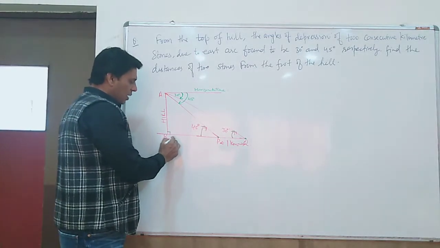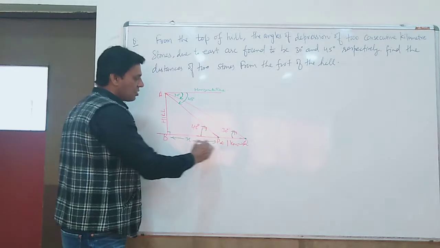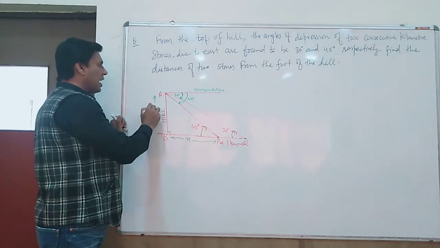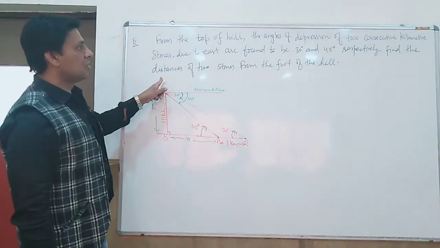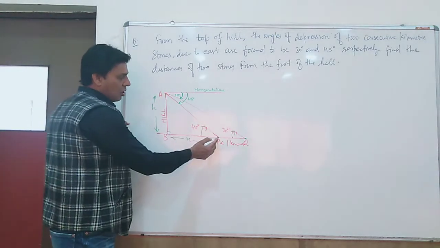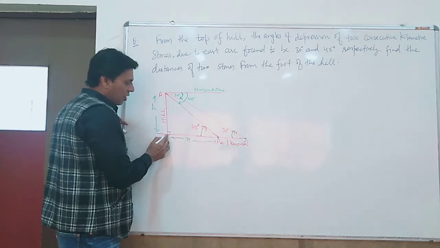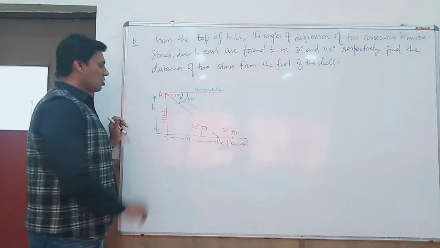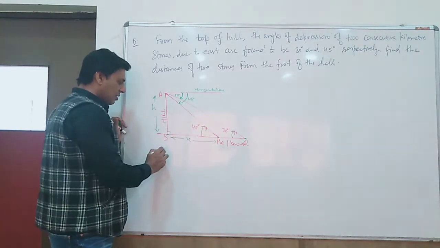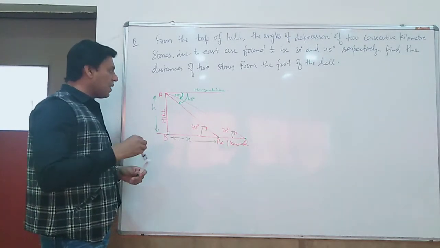So we will assume the distance as X, and the height of the hill is H. Here we have to tell the distance of these two stones from the foot of the hill, so we have to calculate X in this question. First of all we will take right triangle ABP.